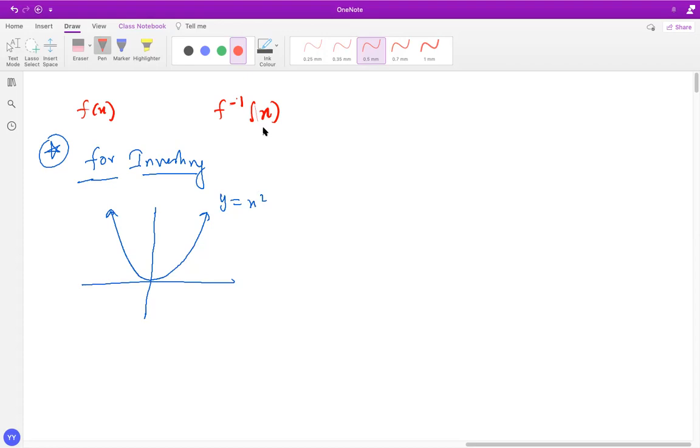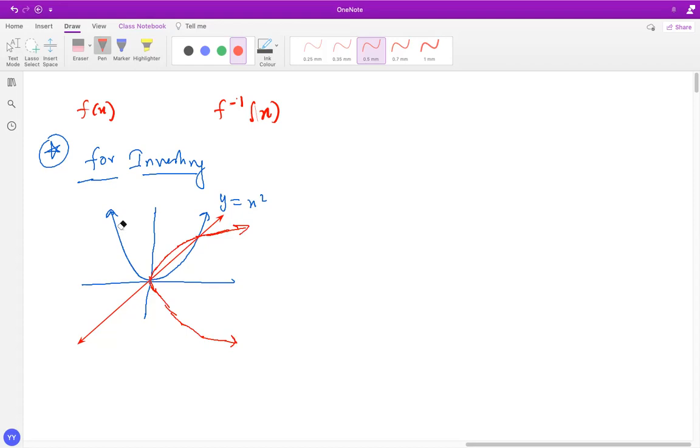When I try to draw the inverse function for this one, obviously you draw the y equals x line first. And now when I invert it, it'll be a reflection about the y equals x line. So it'll be something like this. So here is your inverse function.